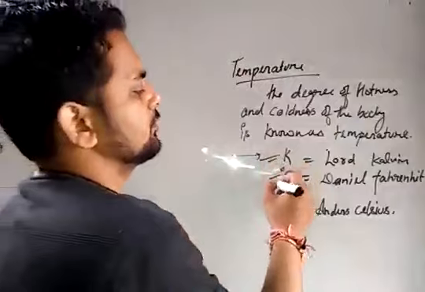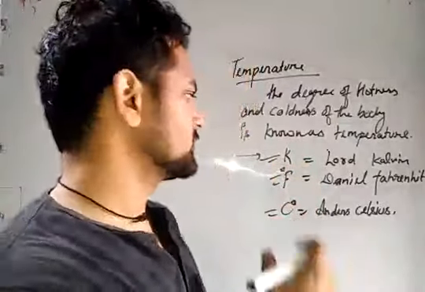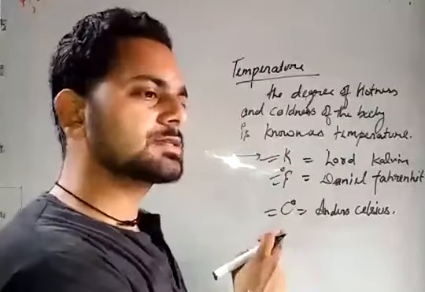First is Kelvin, second is Fahrenheit, third is Celsius. Kelvin was discovered by Lord Kelvin, and Fahrenheit by Daniel Fahrenheit. So these are the 3 units by which we measure the temperature of a body.